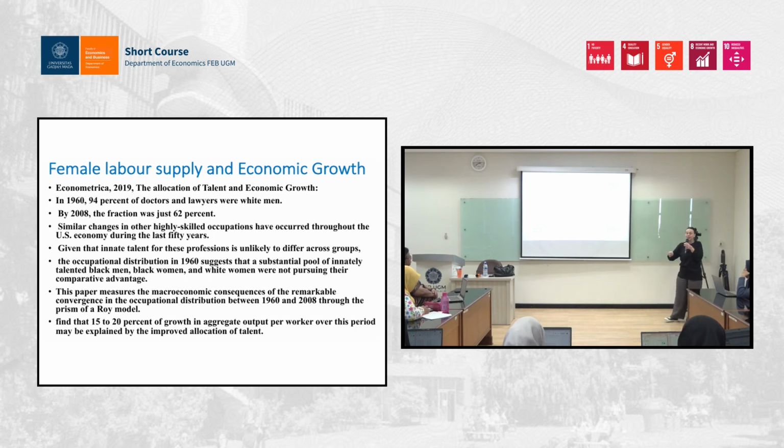So this paper is very much studied to show that it's important to have more diversity in the labor market and also have opening occupation also to women and not only to men, because often women can contribute also.